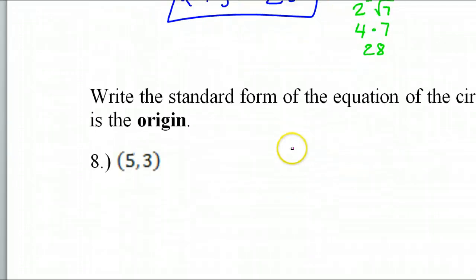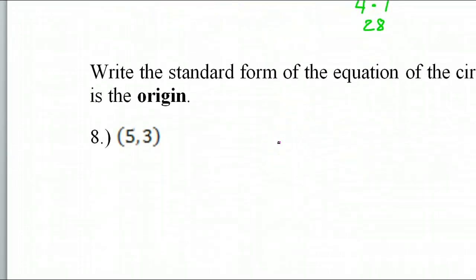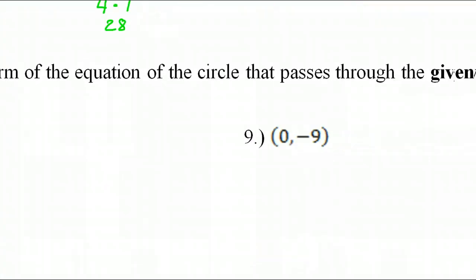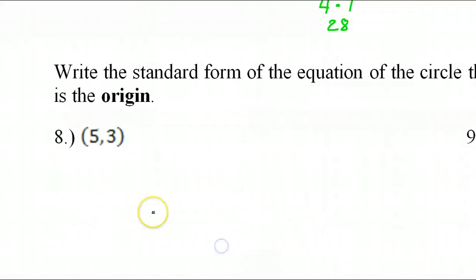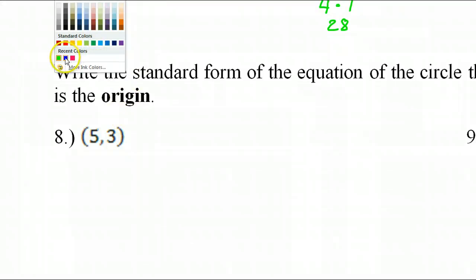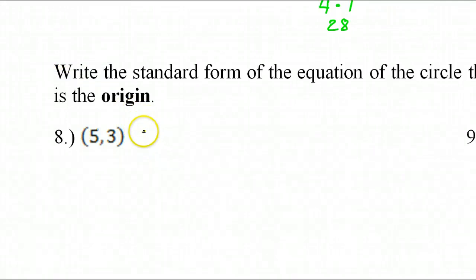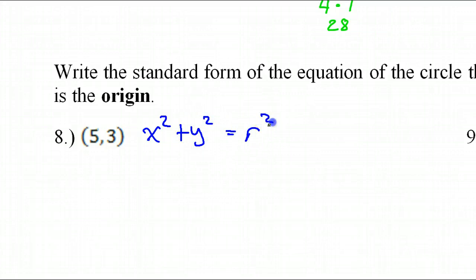All right, how about number 8? Write the standard form of the circle that goes through this point and whose center is the origin. Okay, well, if I want the equation of a circle through this point, any circle with center at the origin is going to start off with the same equation. X squared plus y squared is equal to the radius squared. But of course, this is an x and that's a y. So I can just plug those in.